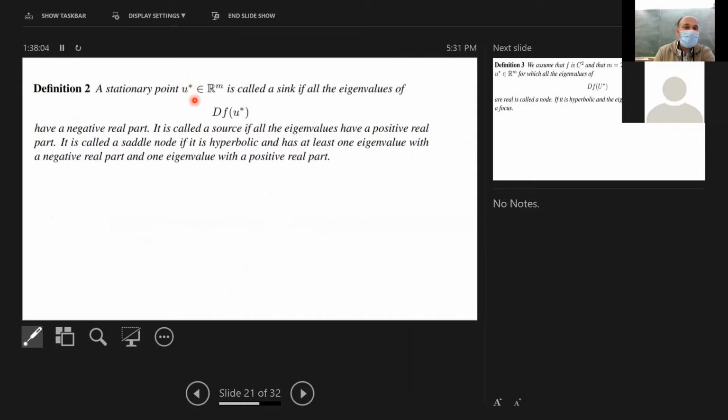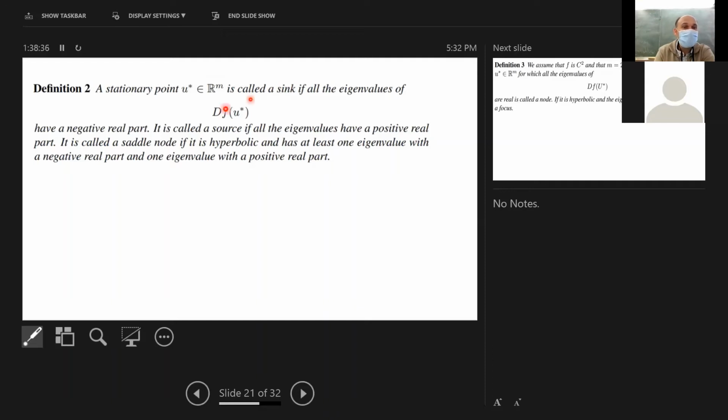Now, when I have a stationary point, in Hodgkin-Huxley the stationary point was attracting the trajectories for some values of I. In some cases, the stationary point will be called a sink, un puits in French, because it attracts the trajectory.